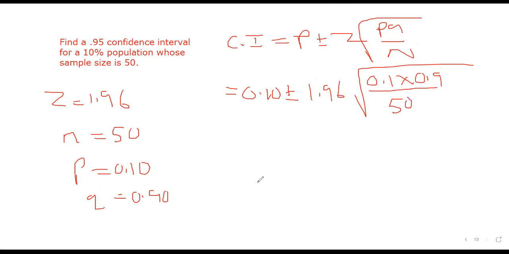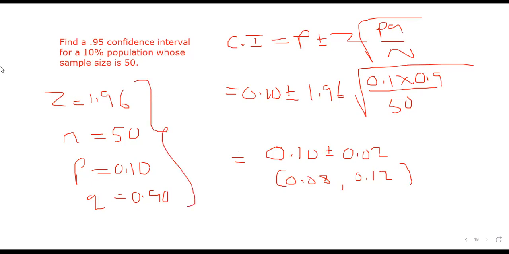All right. So if your answer looked something like this, 0.08 to 0.12, meaning it's between 8% and 12%, that is the interval.